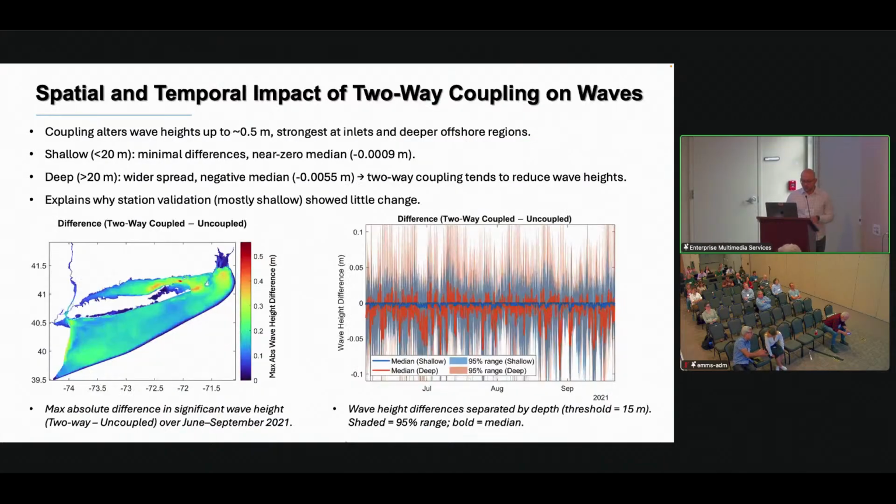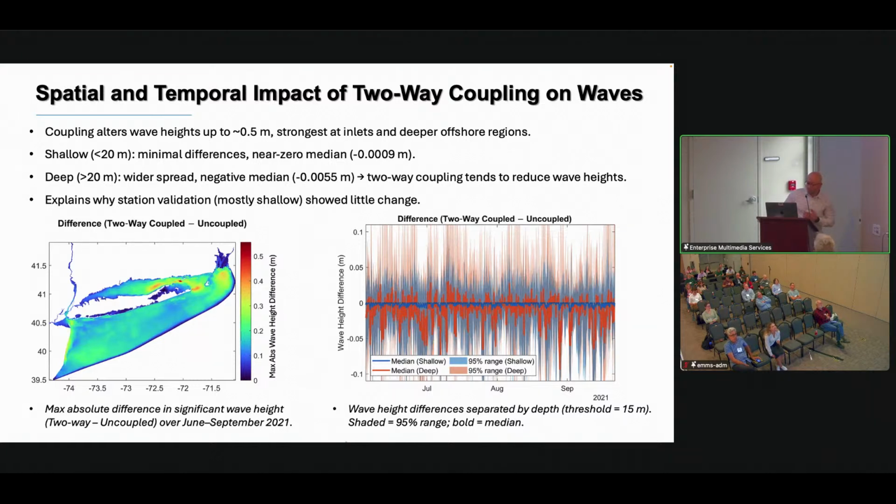But if we want to compare the two-way coupled and uncoupled wave in both space and time, we can look at the differences in space. On the left figure, let's focus on that.